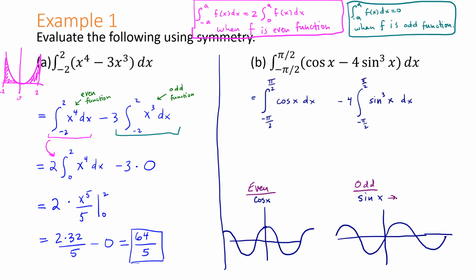If sine is odd, we know that sine of negative x is equal to negative sine x. So it'd be the same for sine cubed. Sine cubed is also an odd function. So here we have an odd function, here we have an even function.